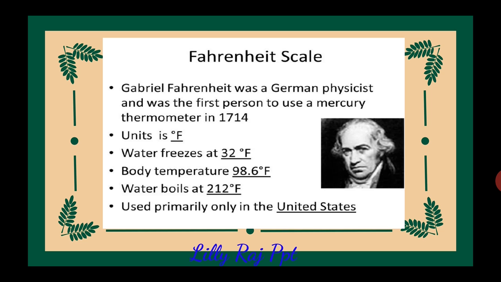The freezing point of water is taken as 32 degree Fahrenheit. If 0 degree Celsius is the freezing point of water in Celsius, it means 32 degree Fahrenheit is the freezing point in the Fahrenheit scale. That is, 0 degree Celsius is equal to 32 degree Fahrenheit.